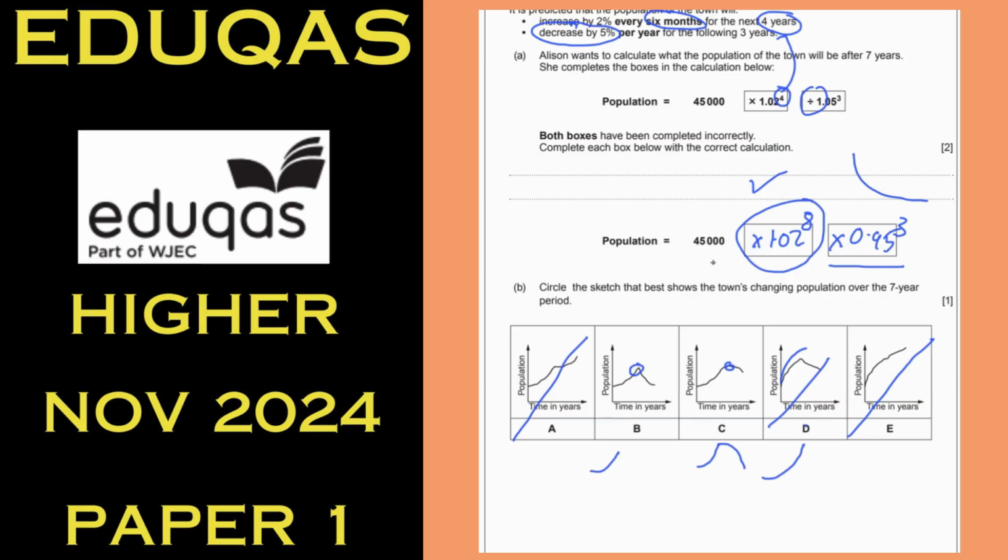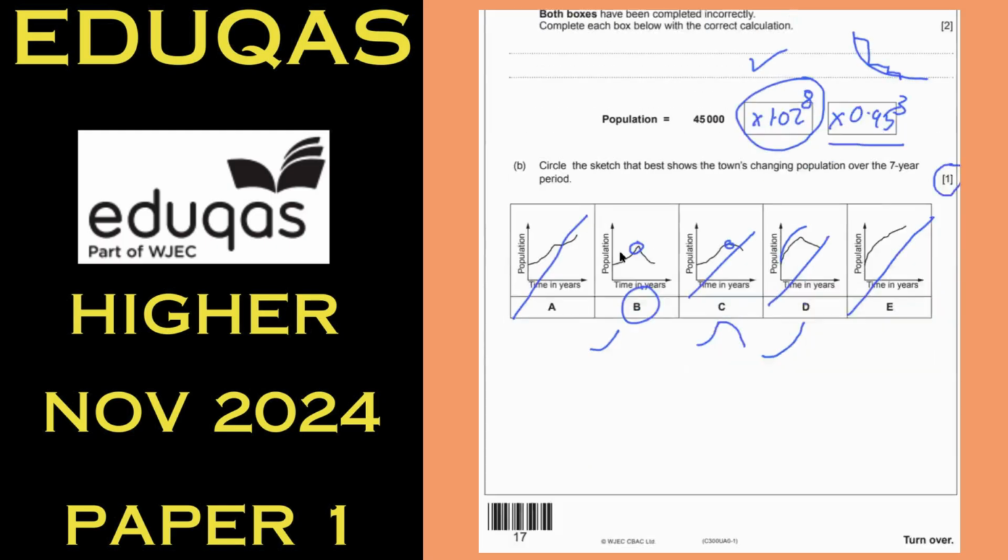It will reduce and reduce, yes, but the amount of reduction year on year will get less and less each time. Not correct. C can be eliminated. B, therefore, is the correct answer. Gotta admit, very tough one in my opinion, for just 1 mark.